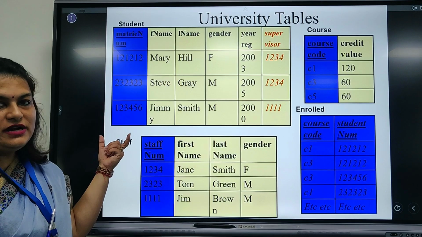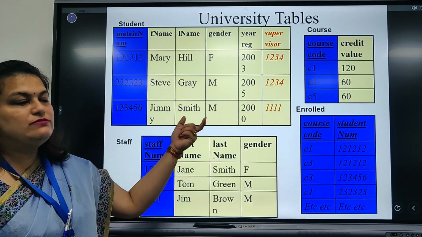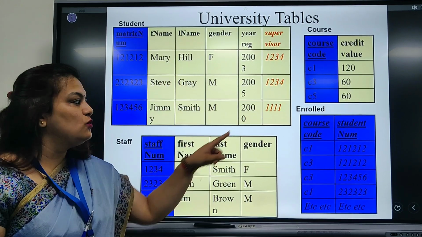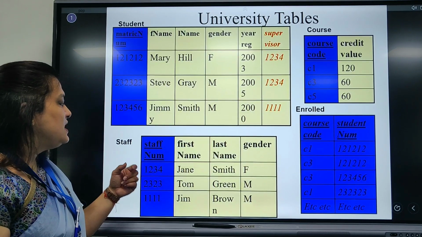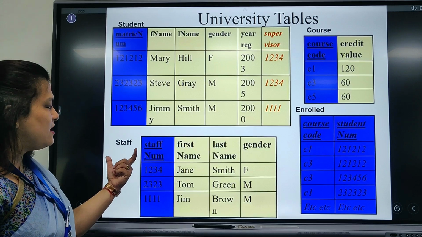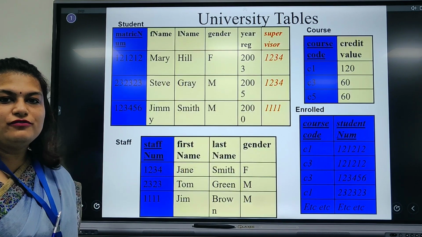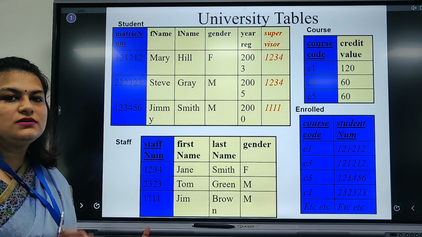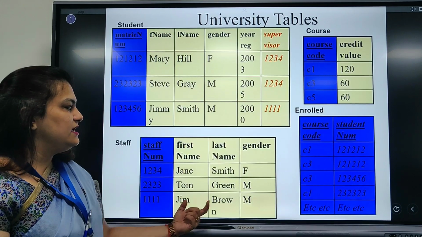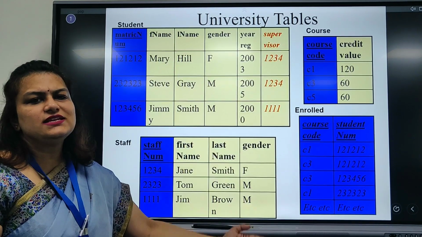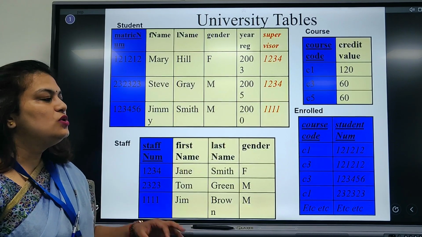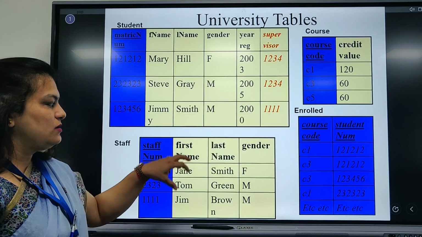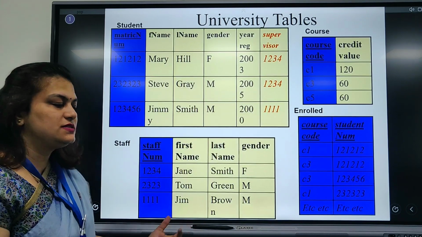For example, enrollment number, first name, last name, gender, year of registration, and who is the supervisor. Supervisor is from this table, staff. And in this staff table, there is the faculty member's enrolled number, first name, last name, gender. This is just an example of how the relations or the tables are made in order to show the connection between two tables.